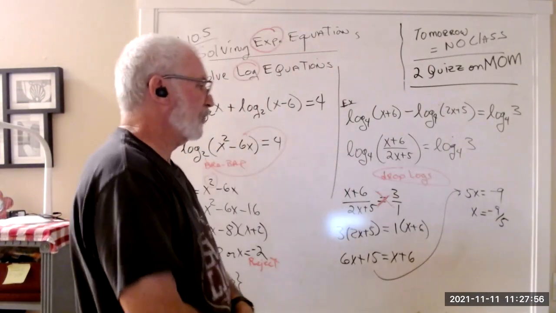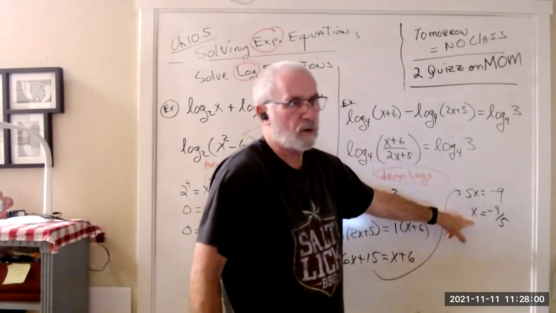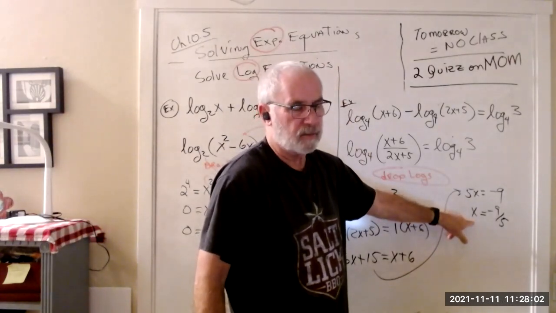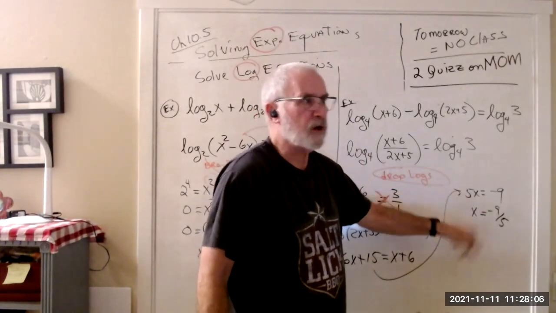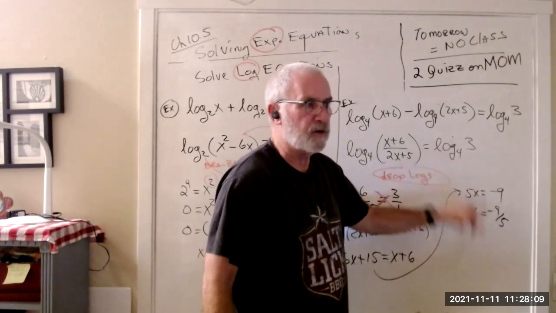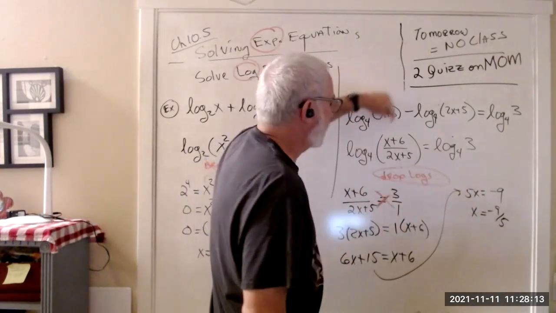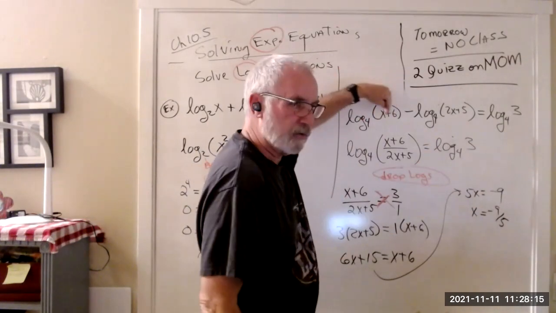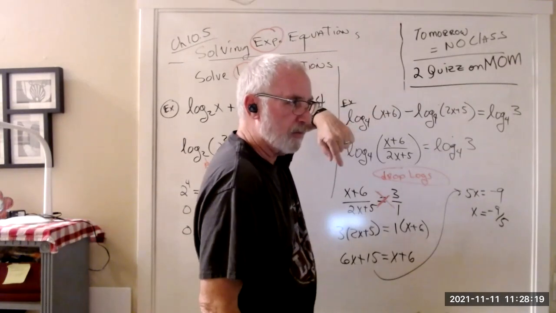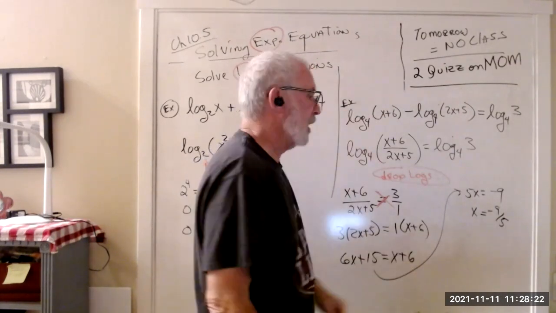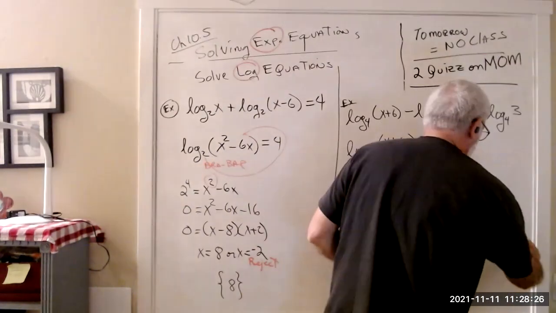Okay, this is a little tricky. It's negative. Do I reject it? No. You don't reject something just because it's negative. You reject it if it makes this quantity negative. Okay, that's really important. So in your own mind, this is approximately -2.